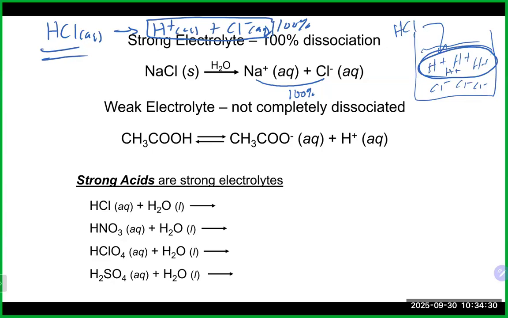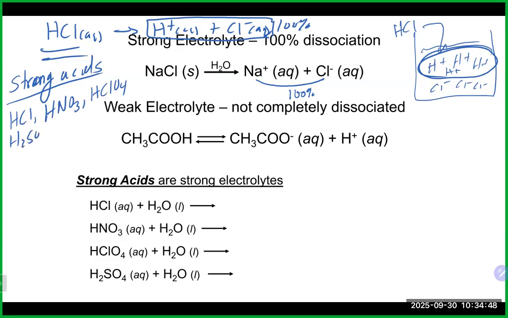By the way, the list of some strong acids is kind of what we see on the bottom there, but it is definitely good to know. So your list of strong acids: hydrochloric acid, nitric acid, perchloric acid, sulfuric acid, hydrobromic acid, and hydroiodic acid.